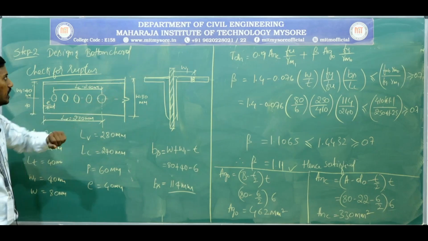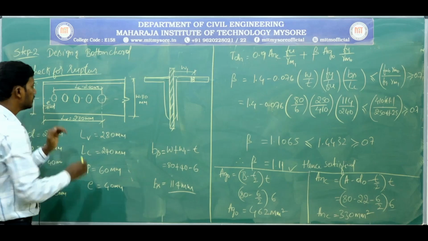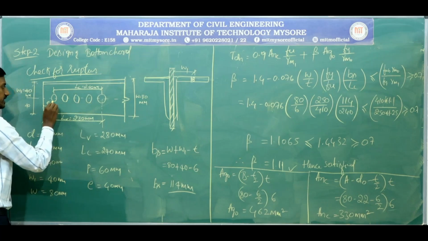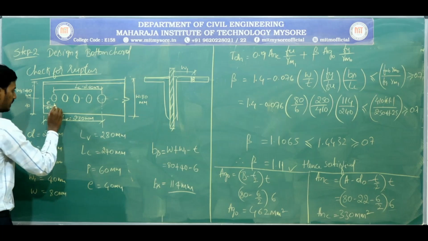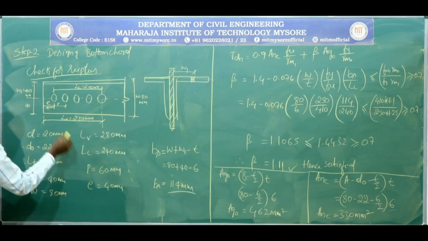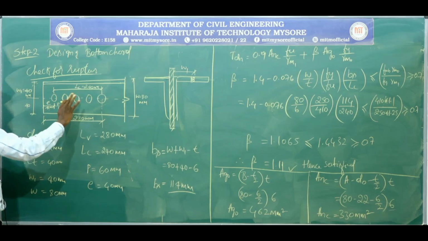Okay, before going into the formula, you need to understand we have calculated 5 number of bolts, right? So in the angle that is 80 by 80 by 6, we have placed at an edge distance of 40 mm and at a pitch distance of 60 mm, we have placed 5 bolts.